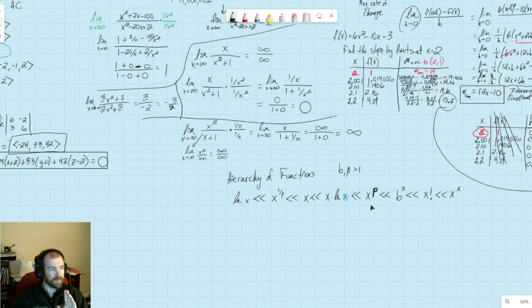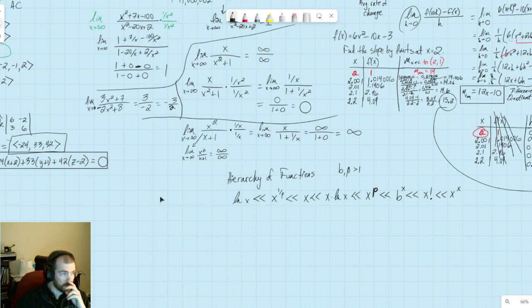And again, x log x was in the numerator, b to the x or whatever is going to be in the denominator. So it's going to end up going off to 0. All right, similarly for all these things. If it's on different layers of the hierarchy, you just have to compare them, and that's pretty much it.